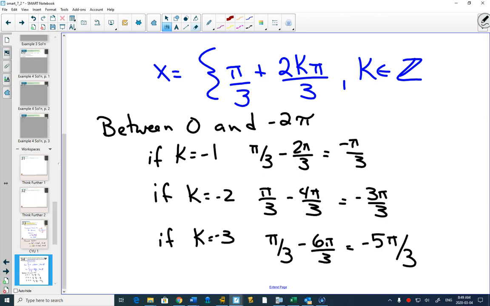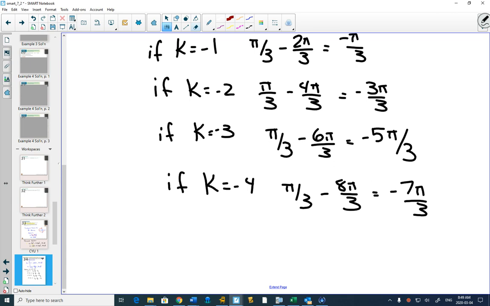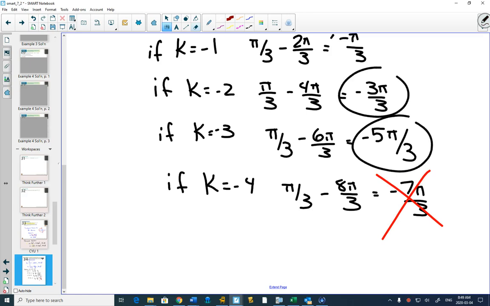Is that still between 0 and -2 pi? And if k is equal to -4, pi over 3 minus 8 pi over 3 is -7 pi over 3, and that one's too far. So these are our only 3 answers.